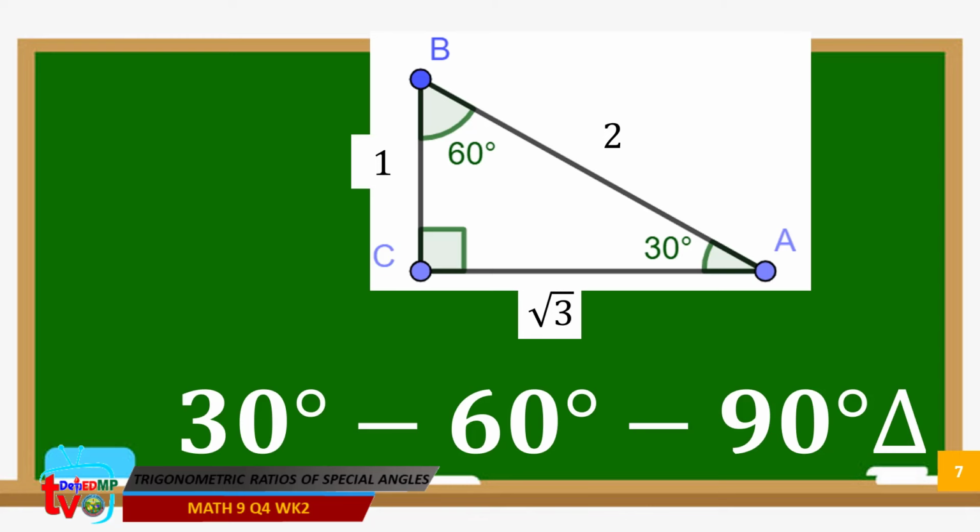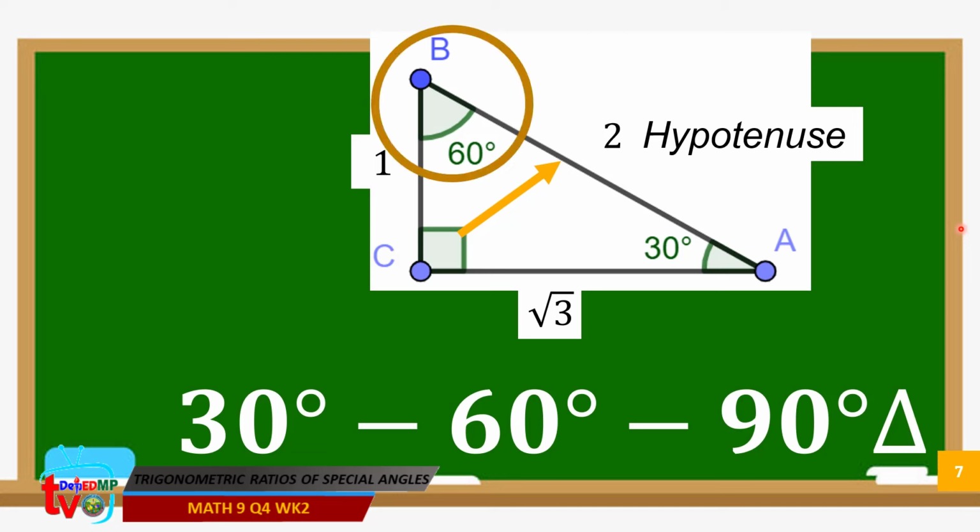Lastly, let us solve for the primary trigonometric ratios of a 60-degree angle. Let us first identify our hypotenuse. So, like a while ago, our hypotenuse is line segment AB since it is the side that lies opposite our 90-degree angle. Next, let us encircle our reference angle, which is angle B or the 60-degree angle.